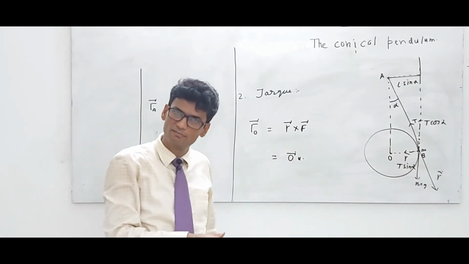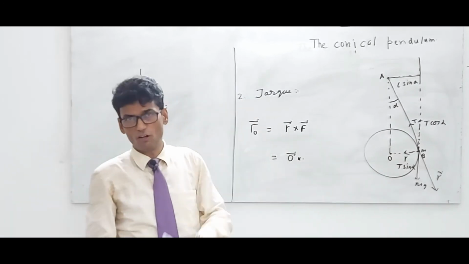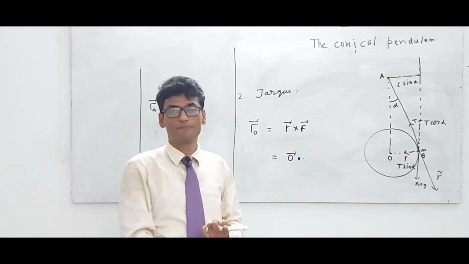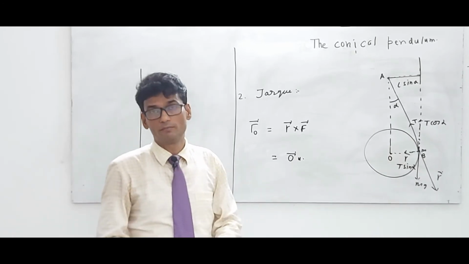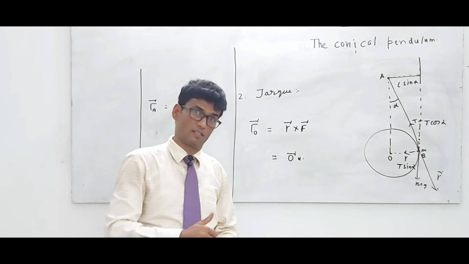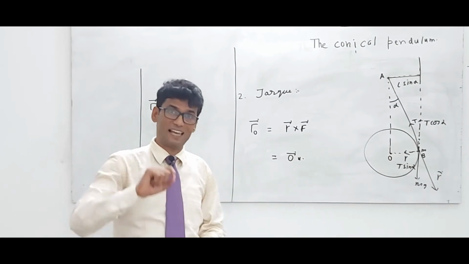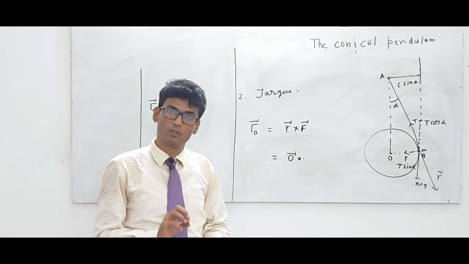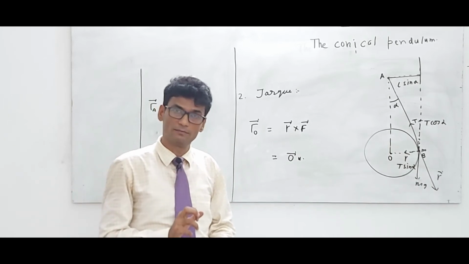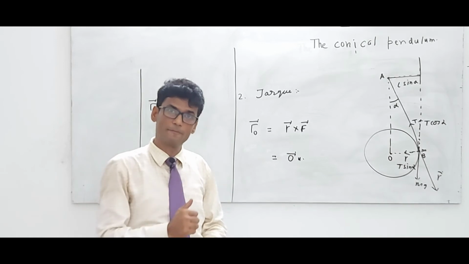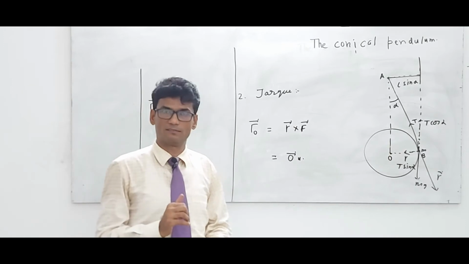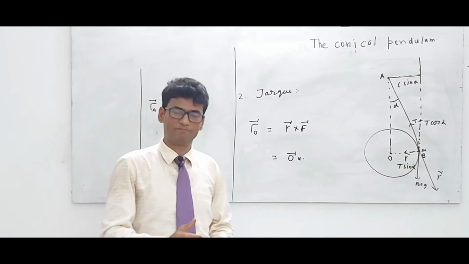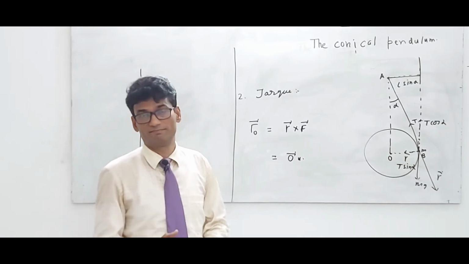In short, if you are finding the torque not by the basic formula r cross F, you are taking the moment arm or the lever arm for the magnitude. For the direction, because torque is a vector physical quantity, however it is an axial vector, not a true vector or proper vector, because we will see in the vector class on parity transformation, the torque vector will not change its sign.